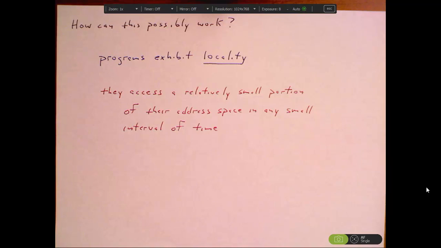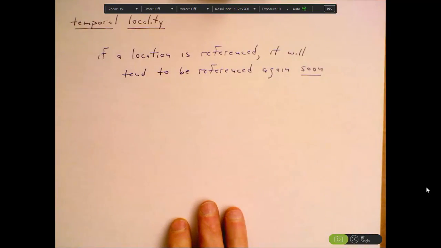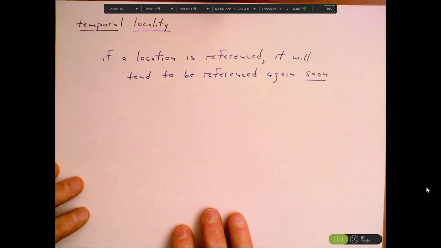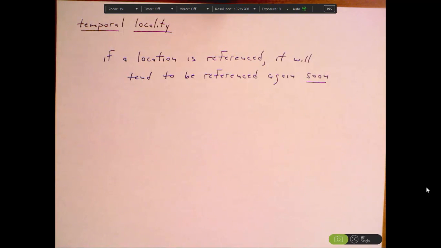And there's two kinds of this locality that we can talk about. One is called temporal locality, which means if a memory location is referenced, it will tend to be referenced again soon. So if we use something, we're likely to use it again in a short amount of time.